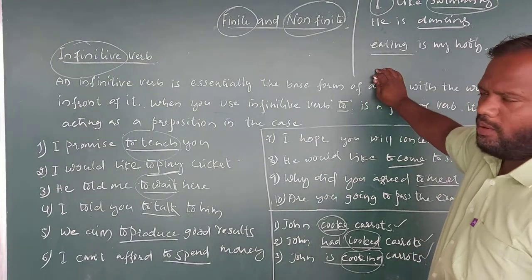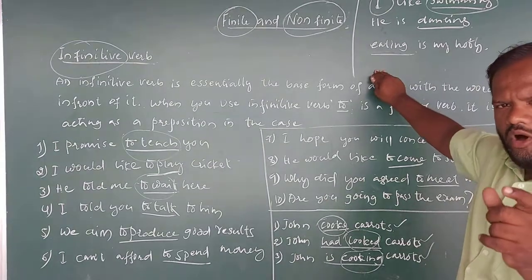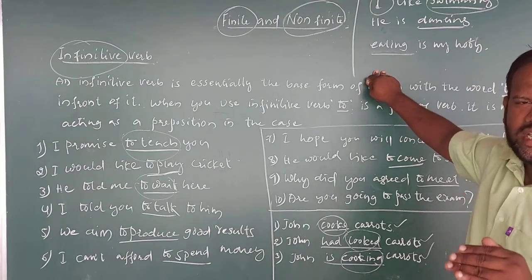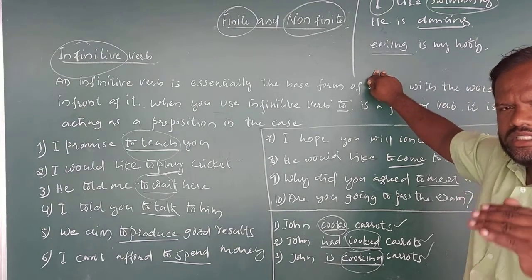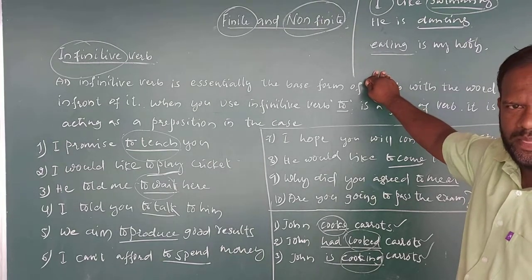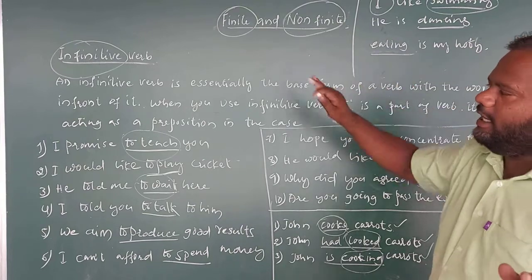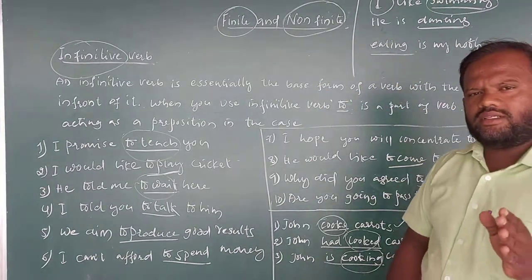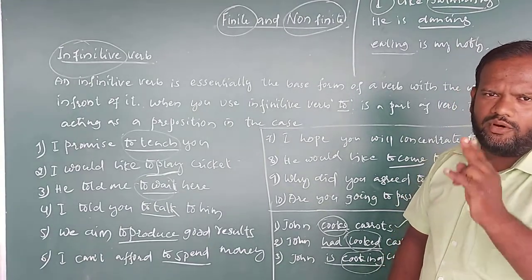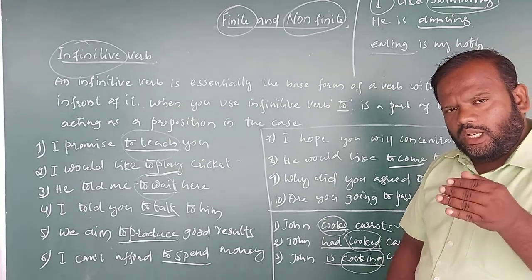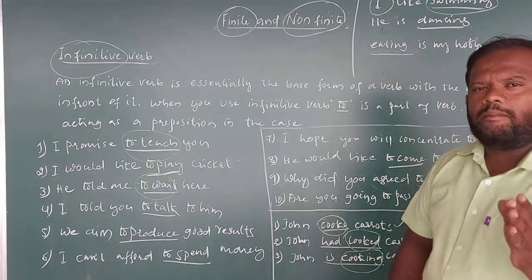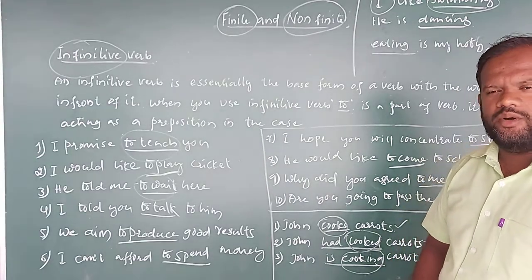Whereas in the infinitive form of a verb, we add to in front of the verb, but in this case we cannot consider to as a preposition. To is a part of the verb. Hope you are understanding. In infinitive verbs, to is always added in front of the verb, but it is not considered a preposition here. It is considered a part of the verb.